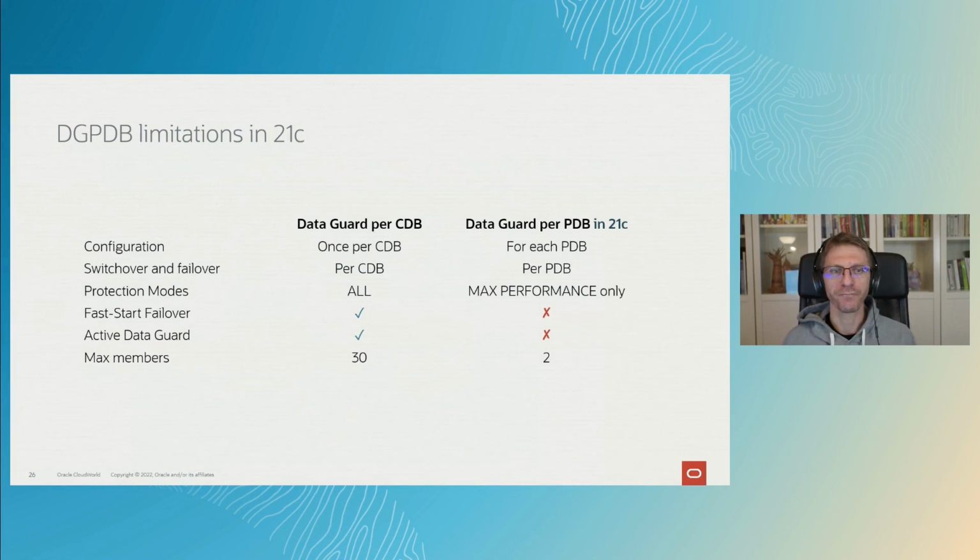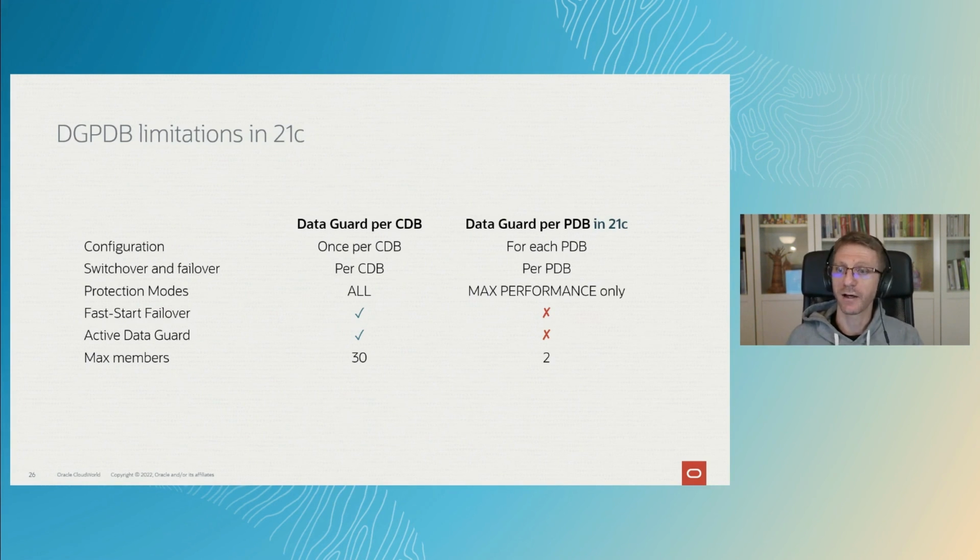The major limitations are, for example, that you cannot have synchronous replication or maximum availability in the standby database as of today. You cannot have fast-start failover. You can have just two CDBs in the configuration. Of course, you can protect as many PDBs as you want, but just two CDBs as of today.